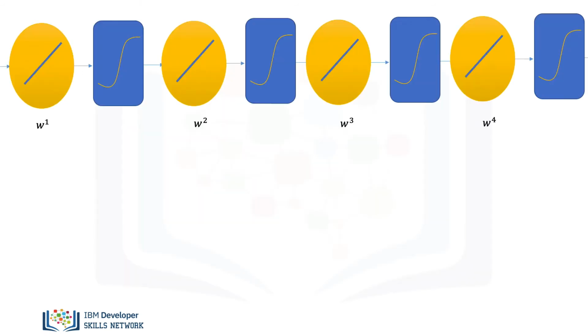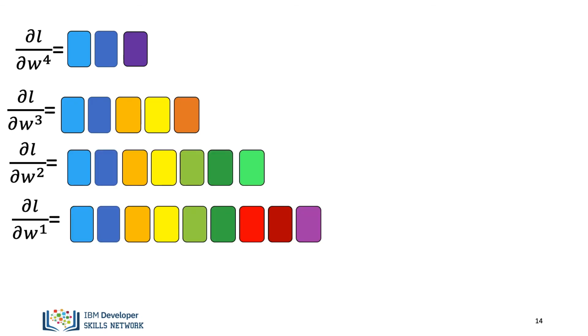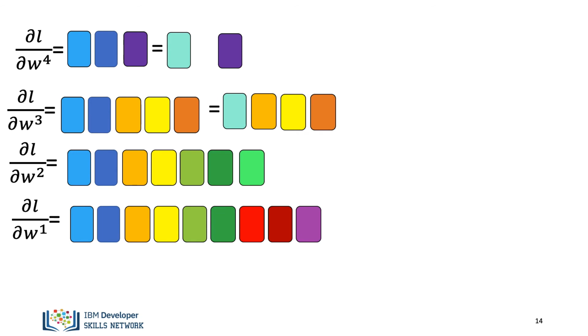Let's see what happens when we have a deeper network with more layers. Let's calculate the gradient of all the terms. Let's use colors instead of equations. We have the derivative of the output layer and the subsequent hidden layers with respect to the weights. We can represent the blue terms with the light blue term. We can then use this term in the gradient for the parameter in the preceding layer.